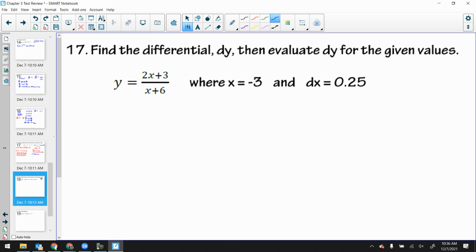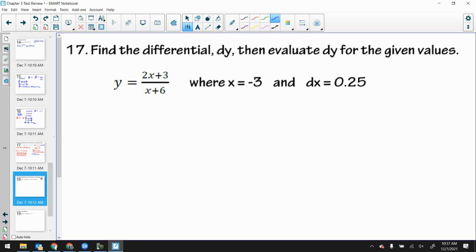Number 17. Only 3 more to do. All right. So find the differential dy and then evaluate dy for the given values. Okay.